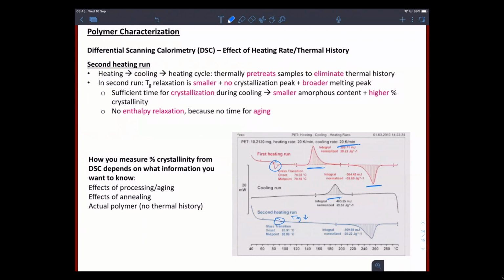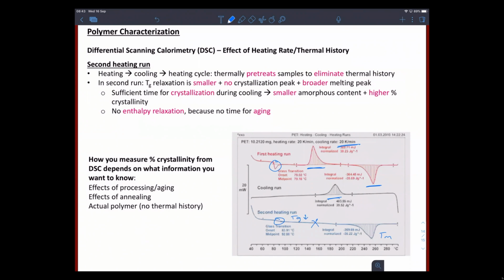We have no cold crystallization, and we have the TM. That's because we've given it sufficient time for crystallization to occur during cooling, which means we have smaller amorphous content and a higher percentage crystallinity.